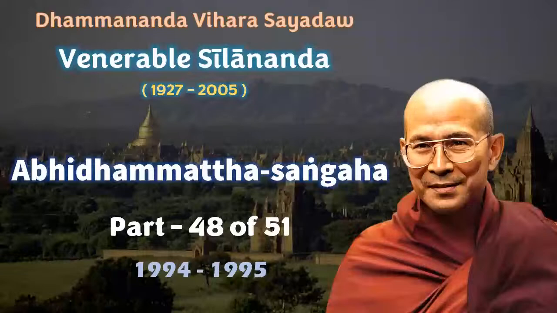So here the condition is number 9, decisive support. You want to get rid of avijja, and you practice meditation, and you get arupa jhanas.